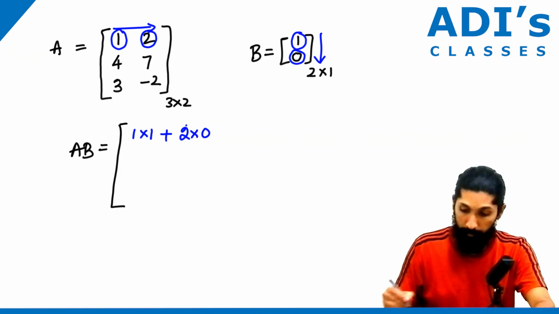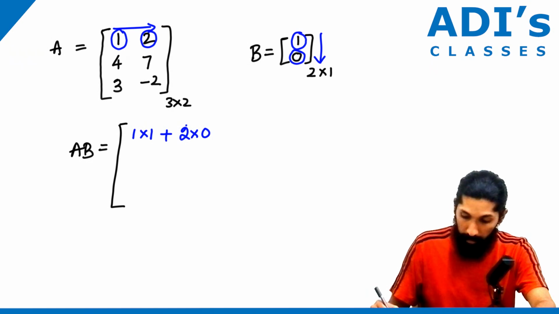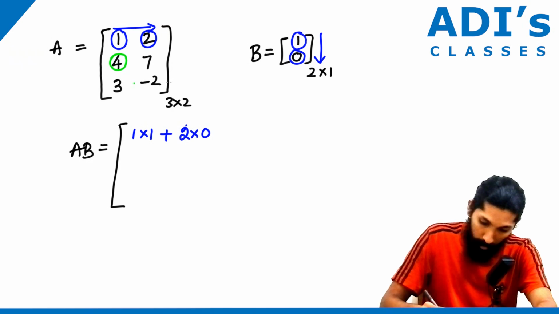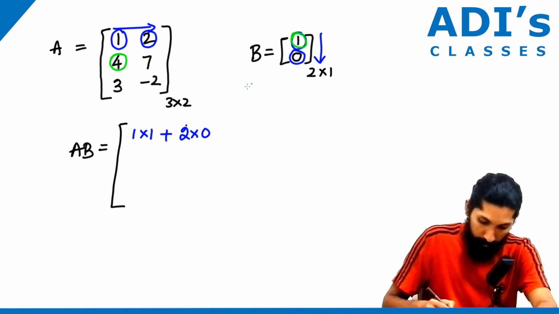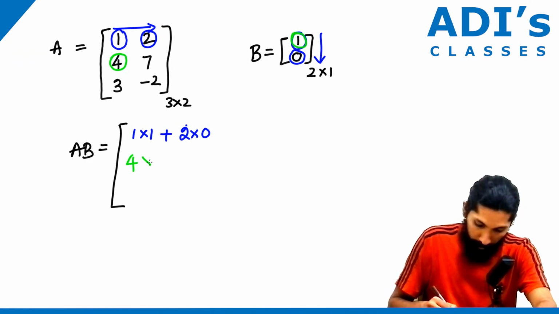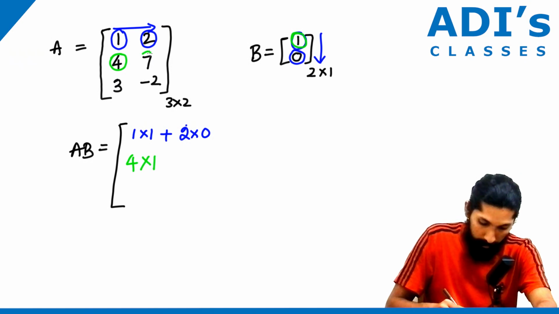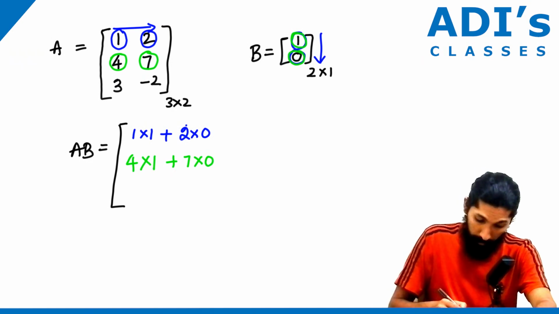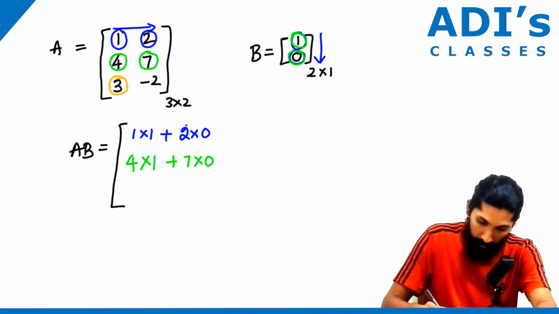This is the first one. Now for the second one, you take the second row, which is 4 into 1. So next one will be 4 into 1, plus 7 into 0. The next one is going to be 3 into 1.